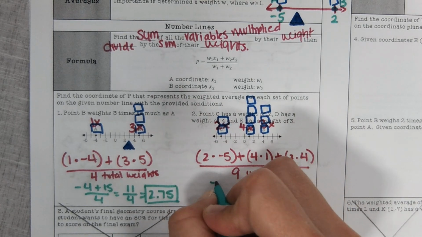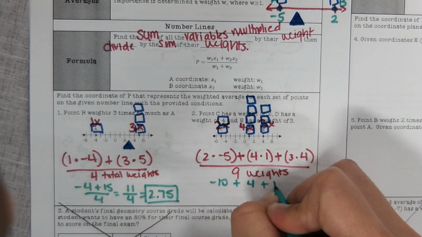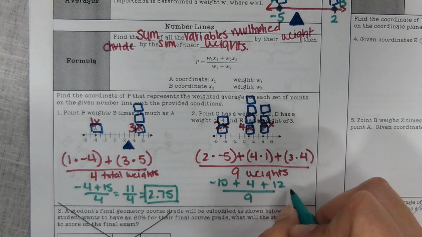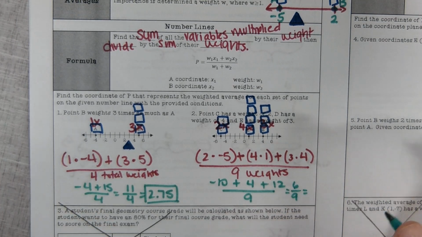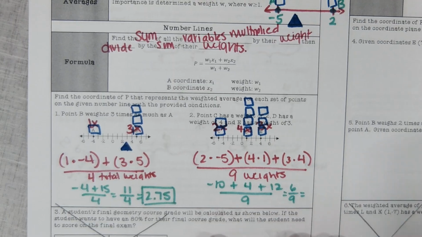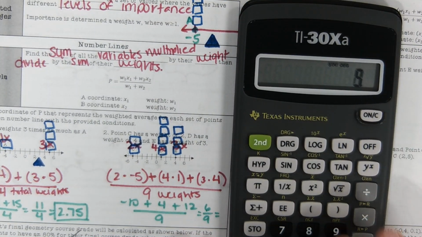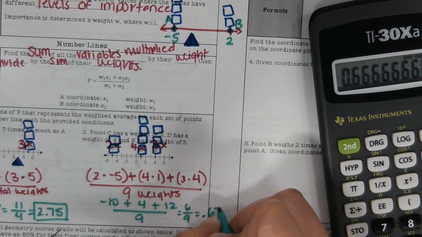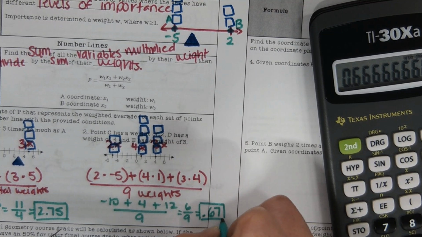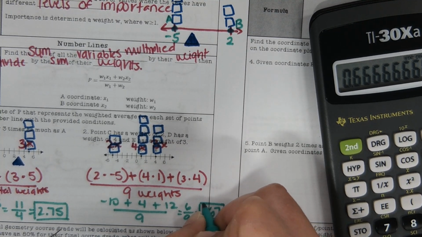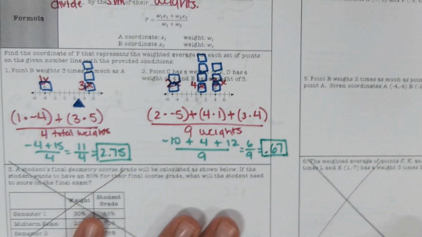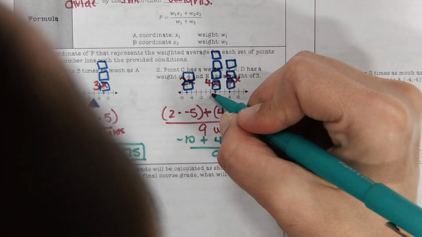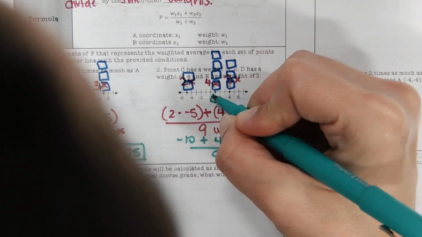So I get -10 plus 4 plus 12 over 9. 6 over 9. Divide that out. We get 0.6 repeating, which would round to 0.67. So our balance point here would be around there, 0.67.